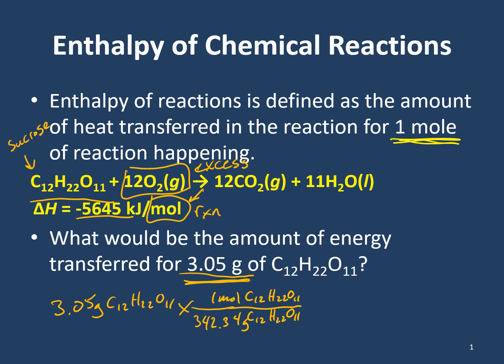Now, this obviously will cancel grams, and then we'll be left with moles of this compound, but that's not actually moles of the reaction. That's moles of a specific reactant in the reaction.